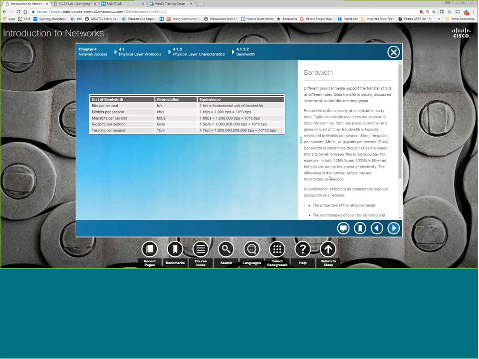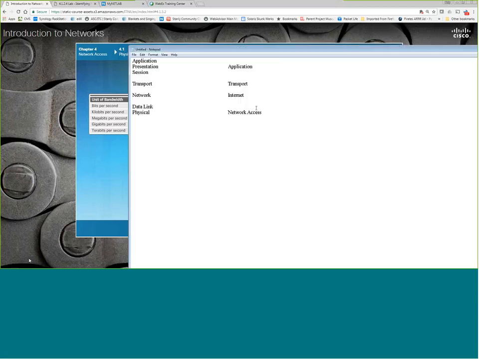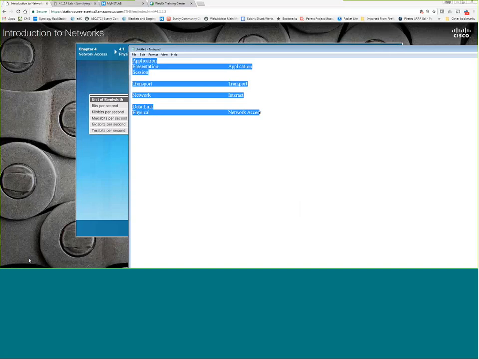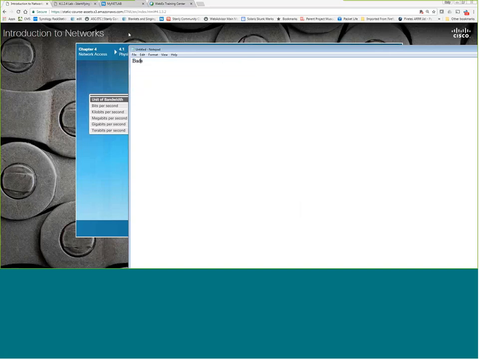Now, when we look at bandwidth and throughput, I always give people an example like this. Let's think about bandwidth. Bandwidth is the maximum capacity of a media or medium. So bandwidth is your maximum capacity. A great way to think about bandwidth is, do any of you have a hose pipe or a garden hose?